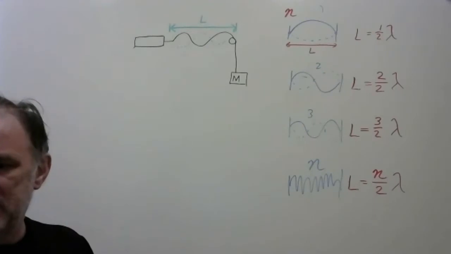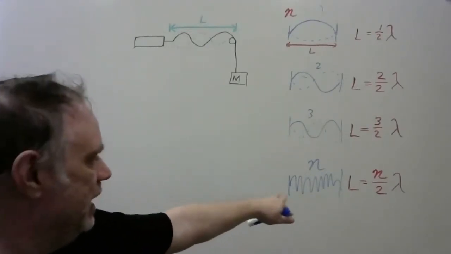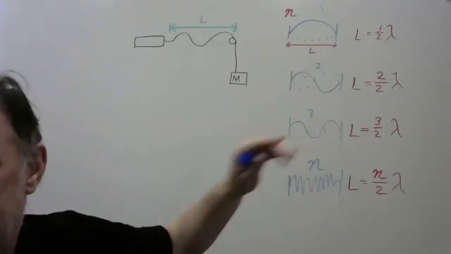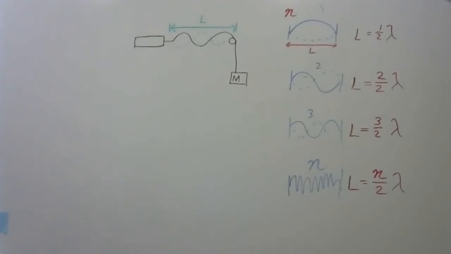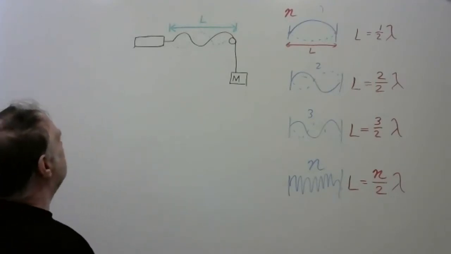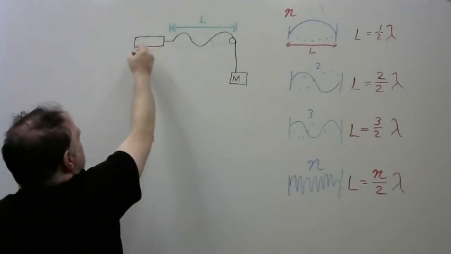So for any n you have, the length of the string will be n/2 times the wavelength. And those are the only ones that are allowed. So what we're going to be doing is adjusting these frequencies.